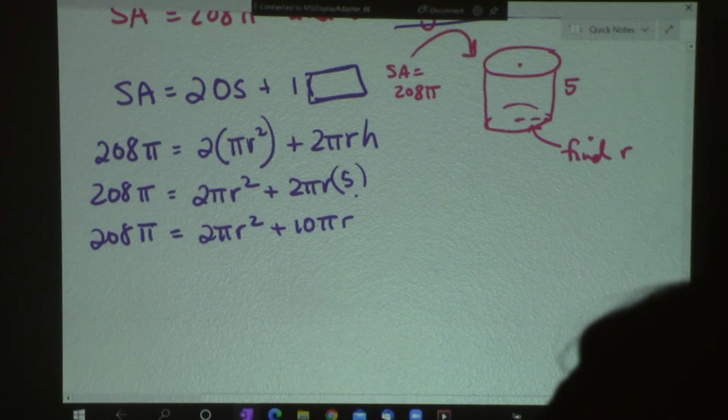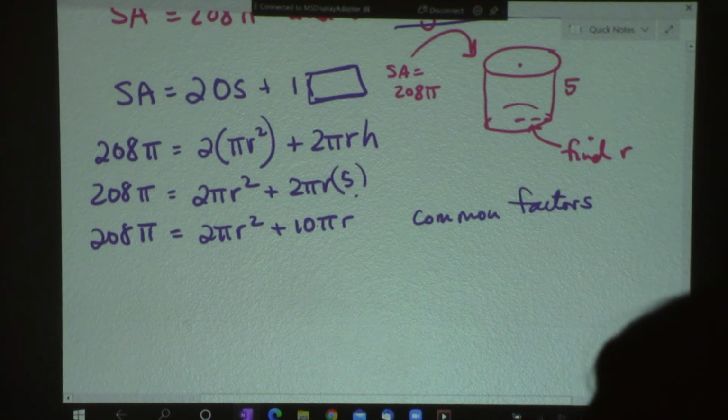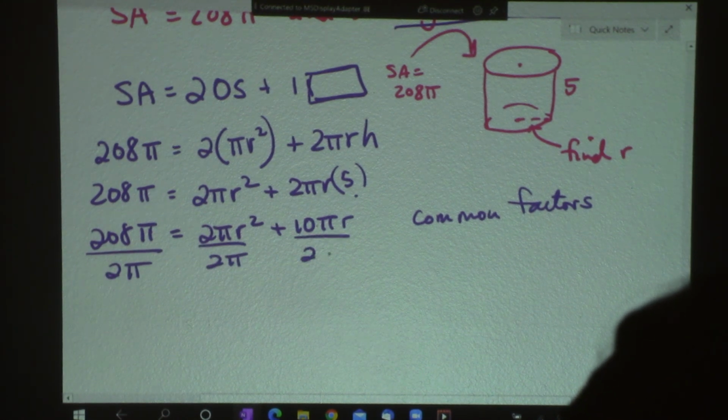All 3 terms have pi, so I'm going to try to get rid of that. And all 3 terms are divisible by 2. So I'm going to divide everything by 2 pi and see what happens.